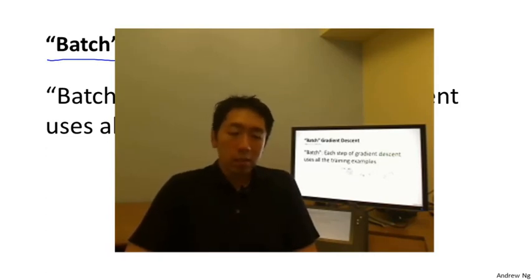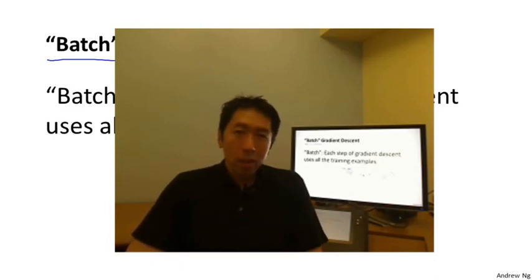That other method is called the normal equations method. But in case you've heard of it, gradient descent will scale better to larger data sets than the normal equation method. And now that we know about gradient descent, we'll be able to use it in lots of different contexts, and in lots of different machine learning problems as well.